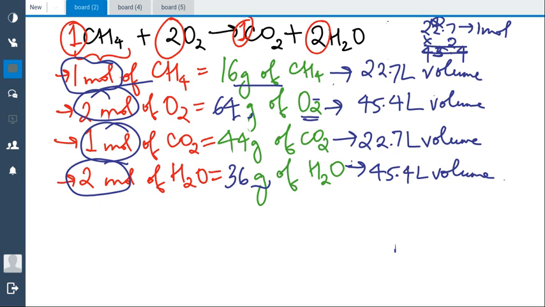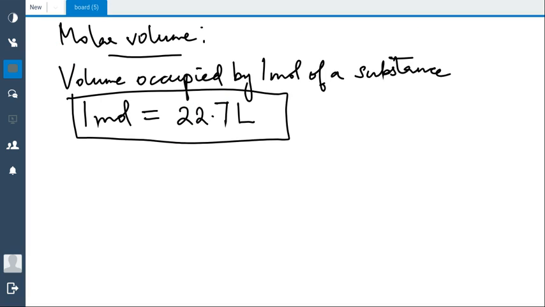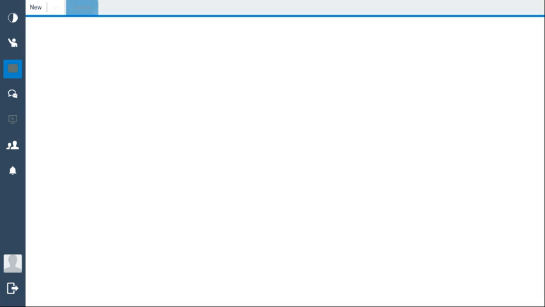Now the next thing is, we'll do problems so that you understand this topic better. So it's problem 1.3 from the book.